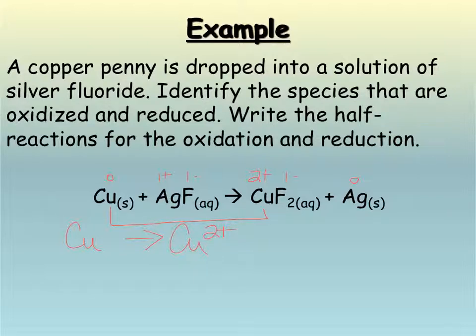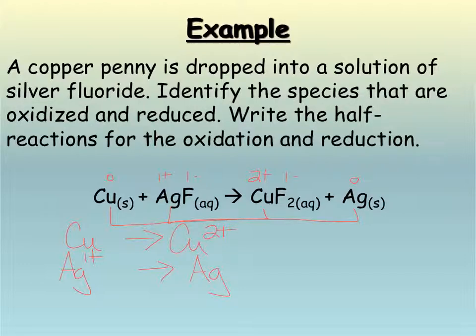And then I have my Ag, this one is 1 plus, and then it's going to Ag. All right, now my atoms are balanced. I have 1 copper, 1 copper, 1 silver, 1 silver.